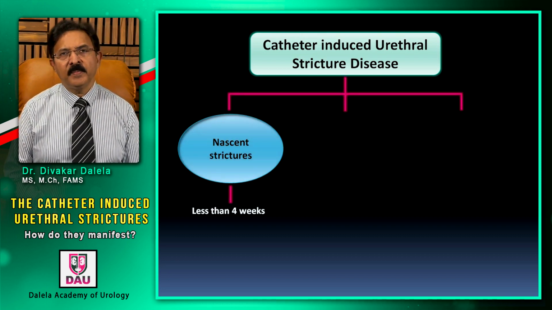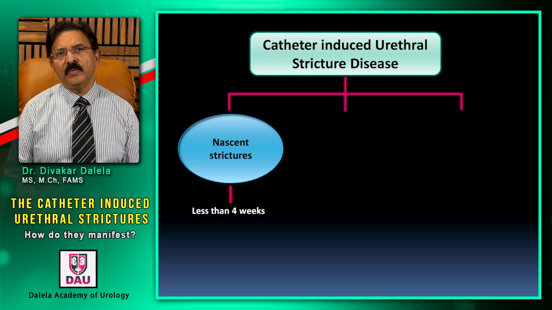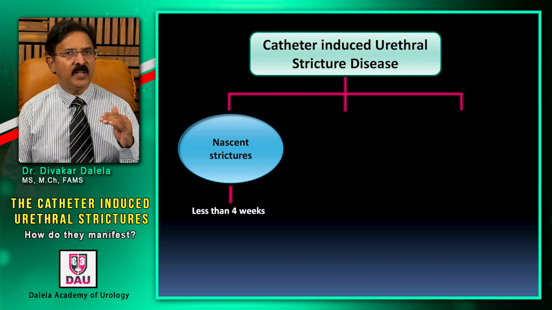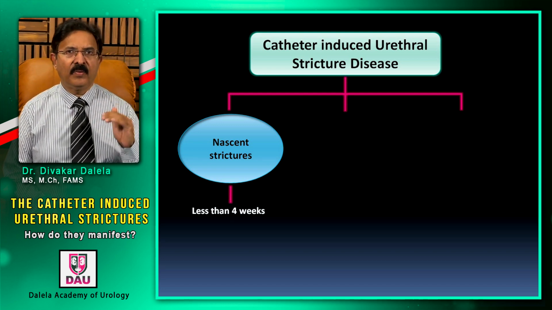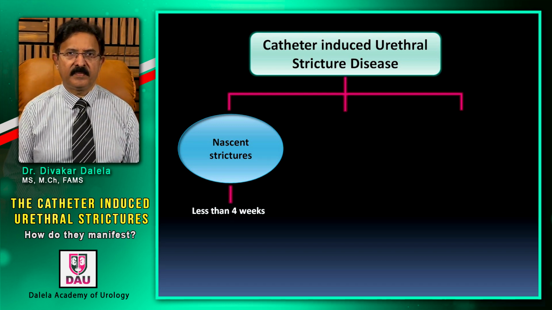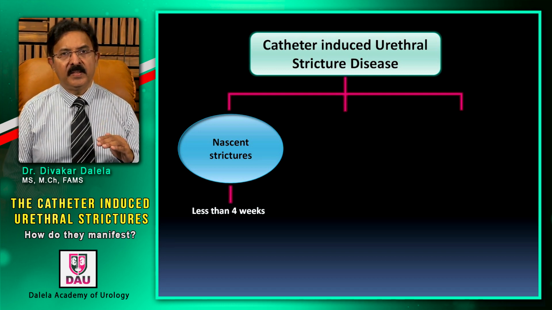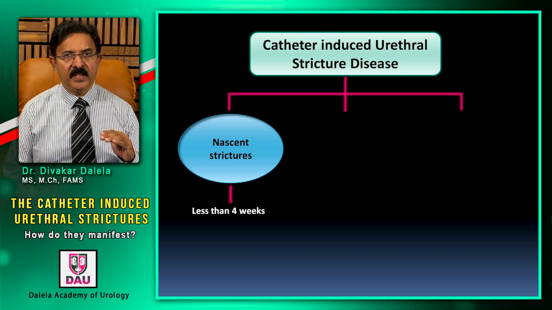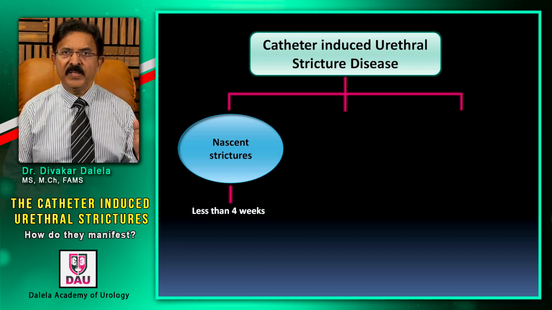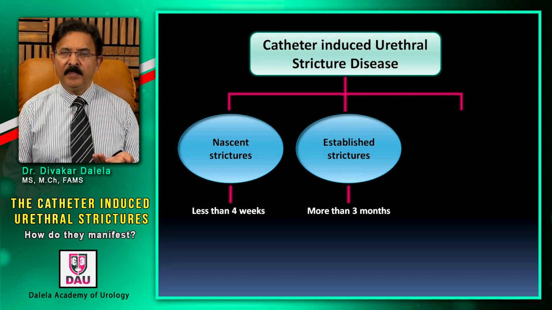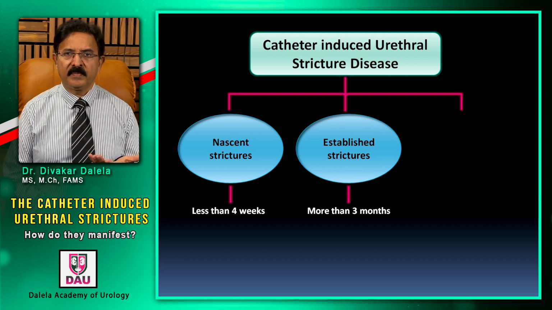So if you ask me, how do I classify catheter-induced strictures? I tend to classify them on the basis of the age of the stricture. Age means duration of stricture disease. There are patients who have stricture manifesting within 4 weeks of catheterization. These are nascent strictures, newly formed strictures. Then there are patients who come with strictures that have been there for more than 3 months.